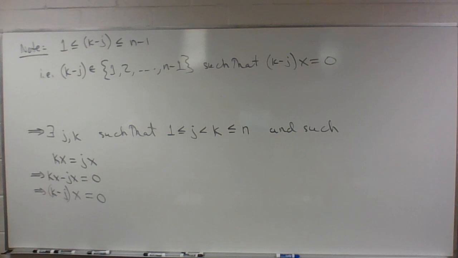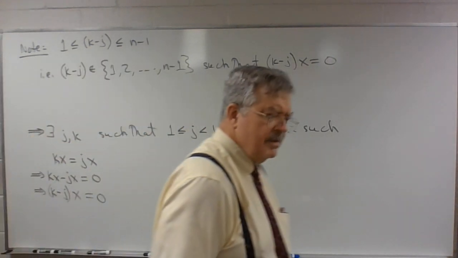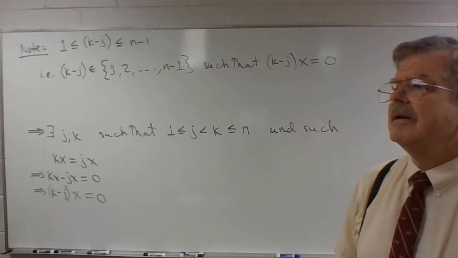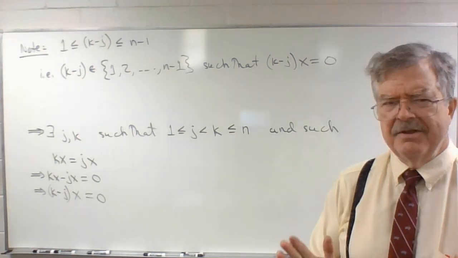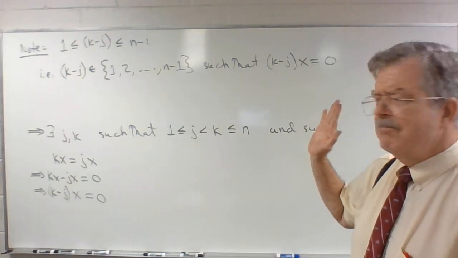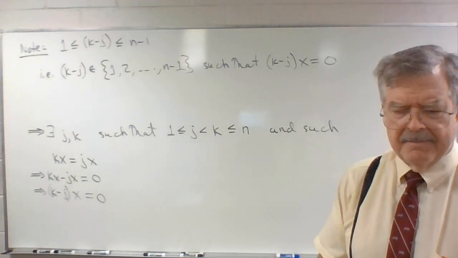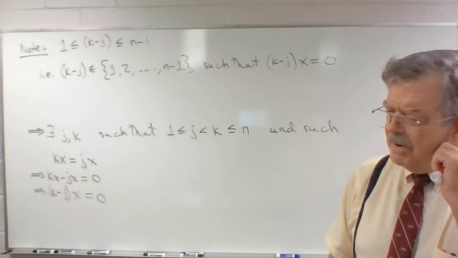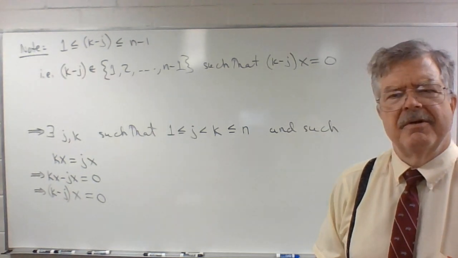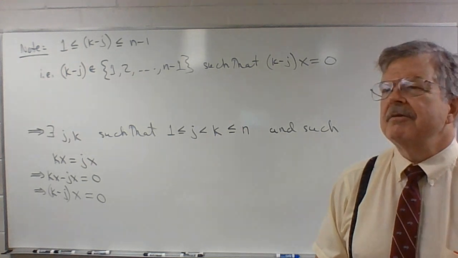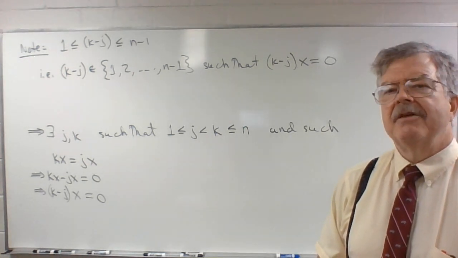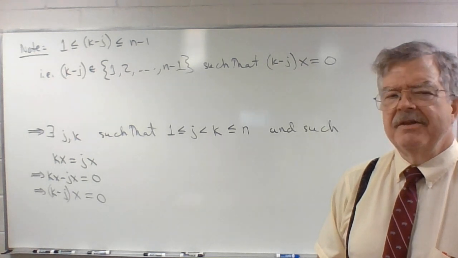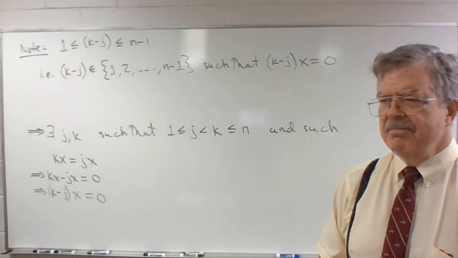Now, is that a problem? It's a proof by contradiction. The you-know-what has to hit the fan. We want bad things to happen here. Now, what was it we were trying to prove? Weren't we trying to prove that the order of an element has to be less than or equal to the order of the group?